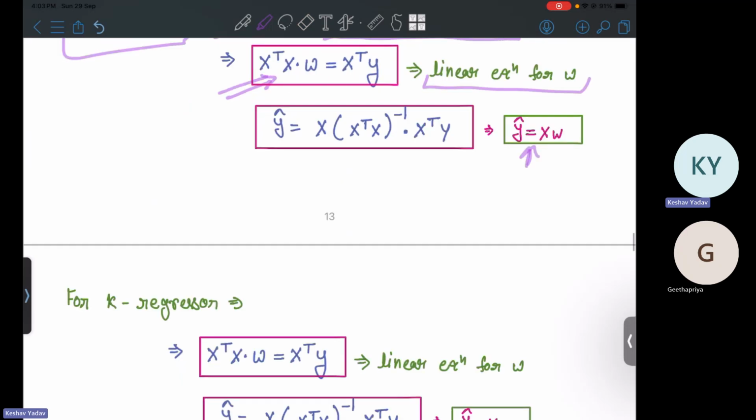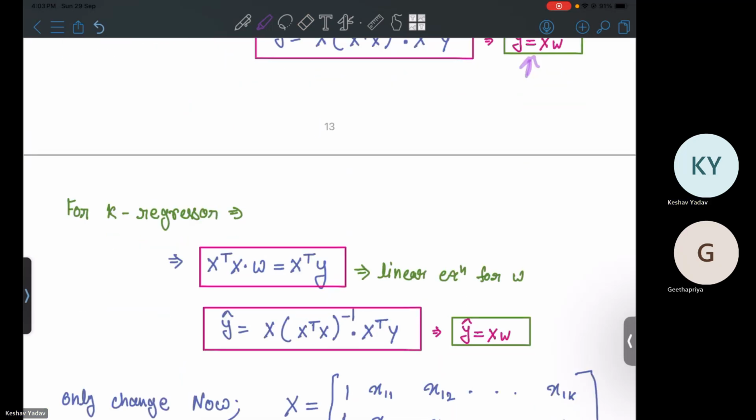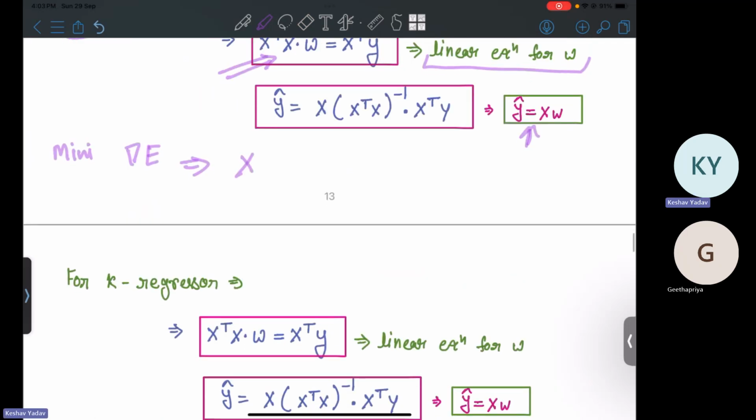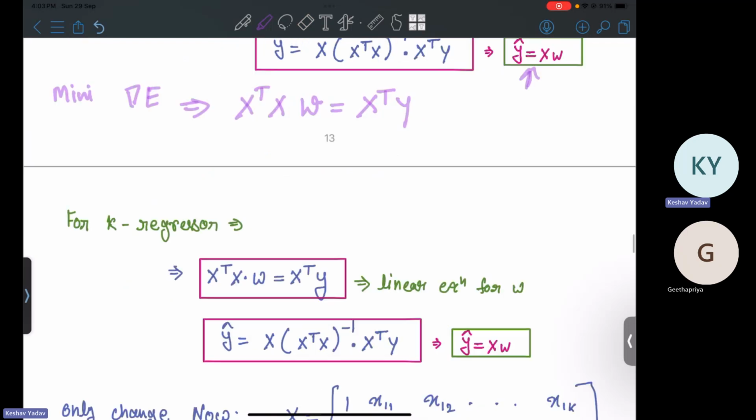So what we have got here is that for minimization of grad E, this will lead to x transpose x w equal to x transpose y.